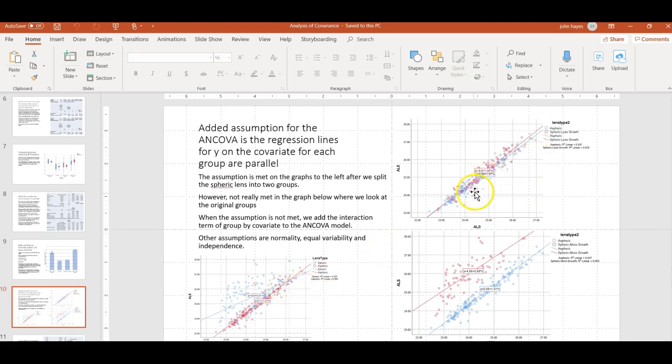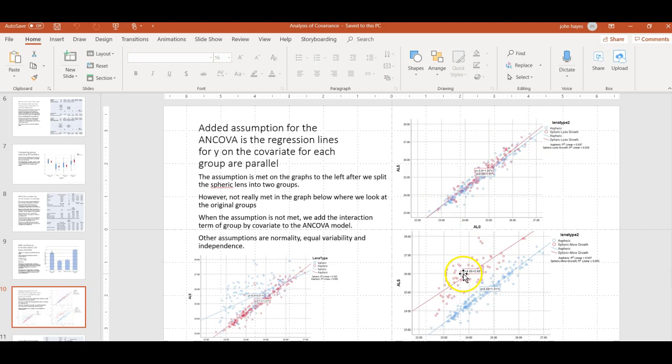If we actually separate it into those guys that are around the blue dots, the spherical dots, and those around the red, we can see that they're pretty close and they've taken out a lot of variability. If we look at this other group that is outliers, they're not close.